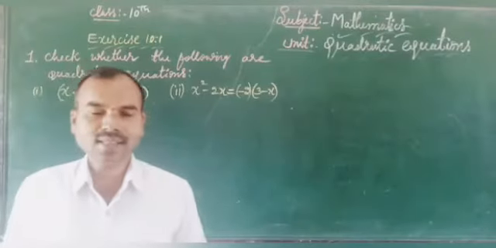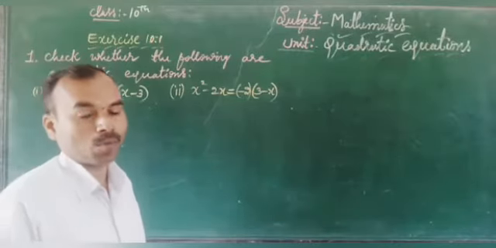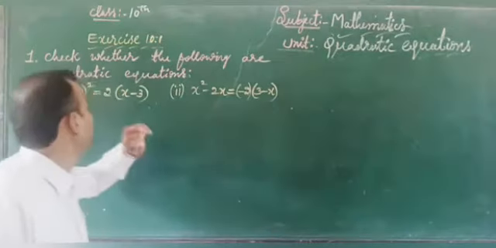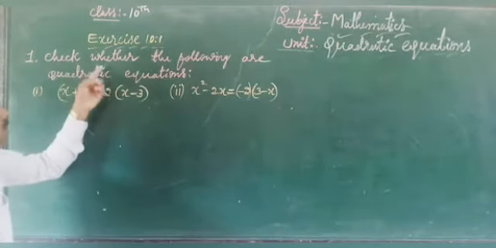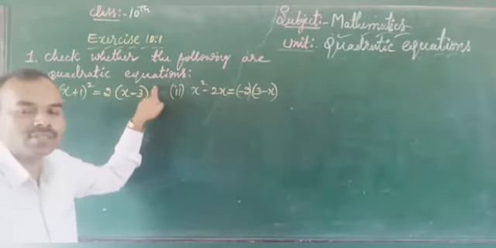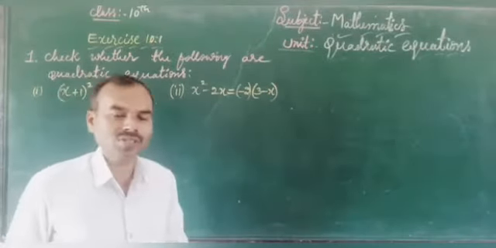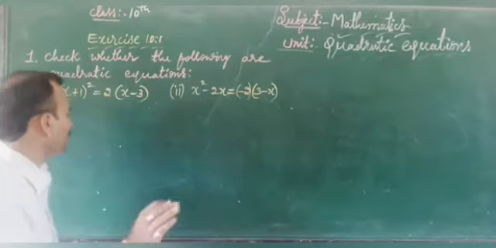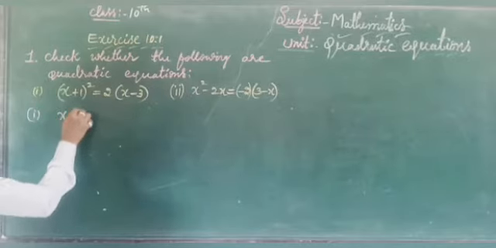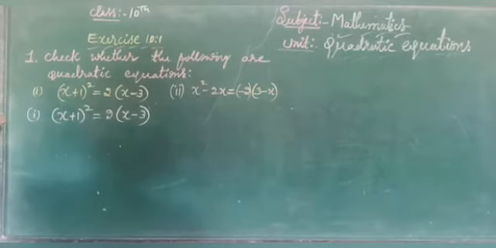Let us discuss the problems based on quadratic equation. Now we take the problems in exercise 10.1. First, check whether the following are quadratic equations. Here we have to check whether these are quadratic equations or not. First we take down the first one: x plus 1 whole square equals 2 into x minus 3.